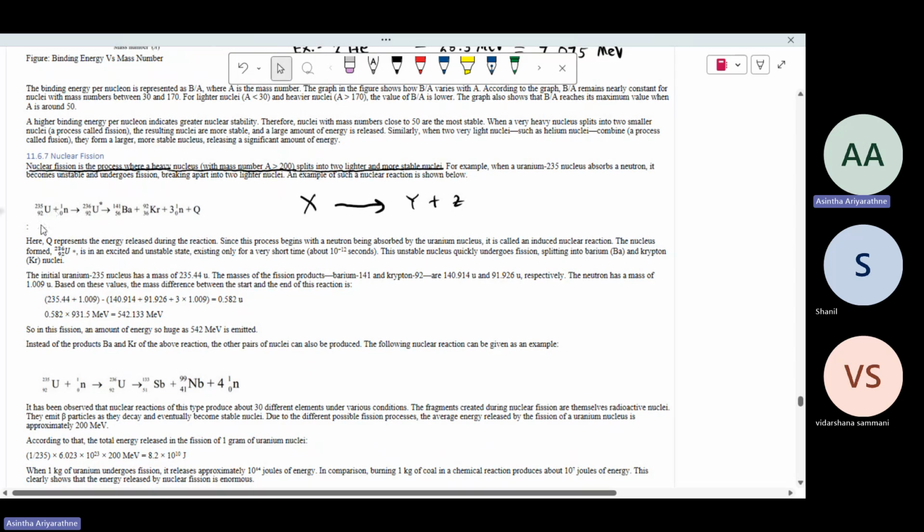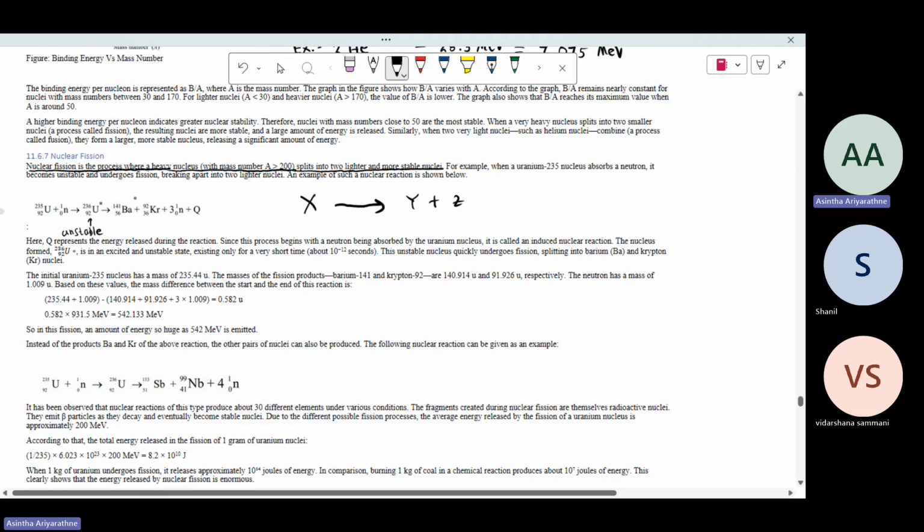Uranium. Before the nuclear fission process actually happens, there is a preliminary step. One neutron falls on the uranium-235 atom and it becomes uranium-236, an excited, unstable nucleus.